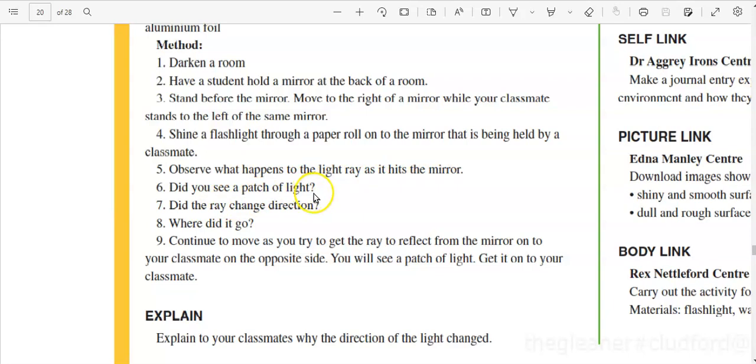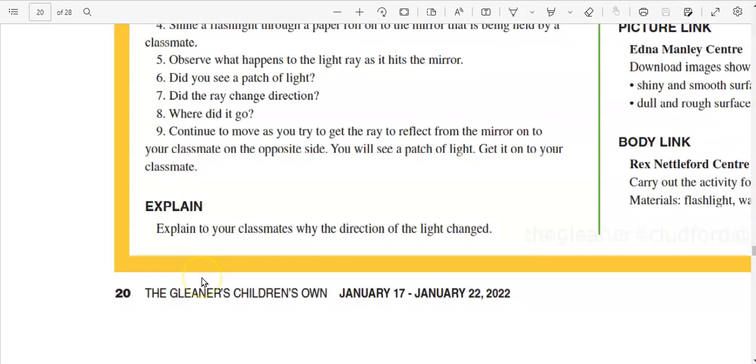Did you see a patch of light? Did the ray change direction? Where did it go? Continue to move as you try to get the ray to reflect from the mirror to your classmate on the opposite side. You will see a patch of light. Get it on your classmate.